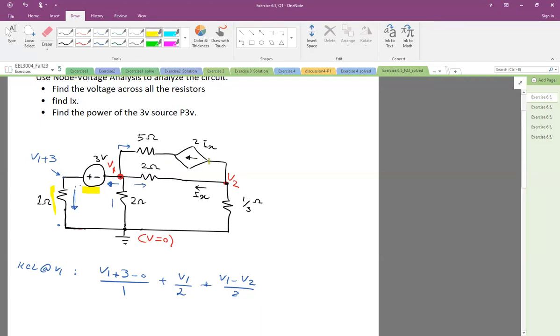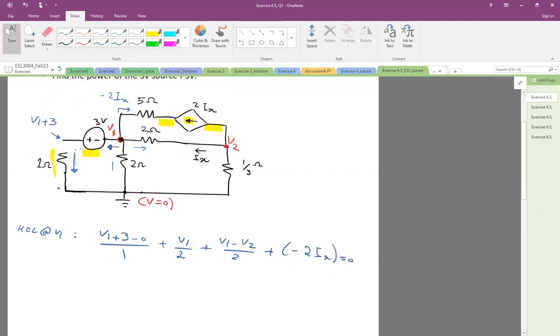Whenever you see a current source in a branch, the current of that branch is enforced by the current source. So in this branch, the current has to be negative Ix. It's negative because of the direction. So here I will say negative Ix equals 0.